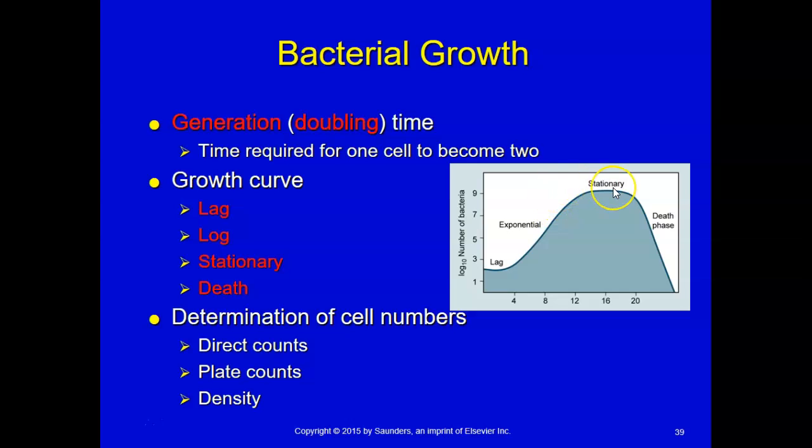Then during the stationary phase, the nutrients are very limited, but the bacteria remain constant for a little while. And then the final death phase occurs because the number of dead cells exceeds the number of live cells, and this means that all the nutrients are used up and the cells will eventually all die.